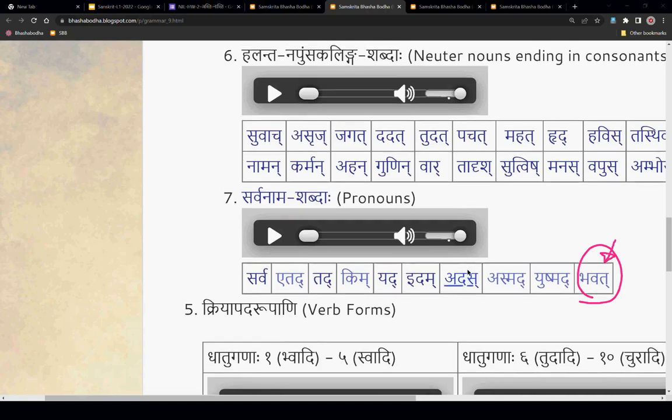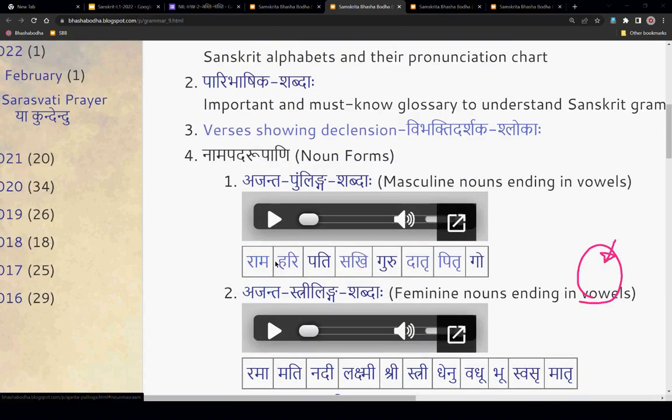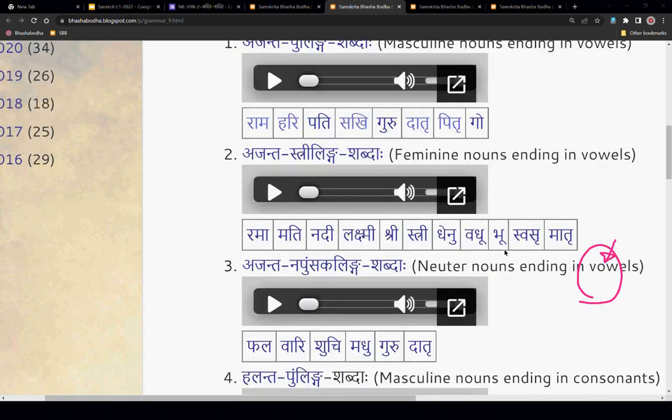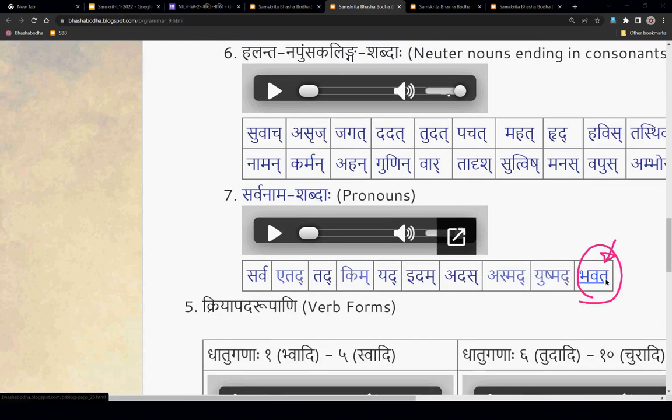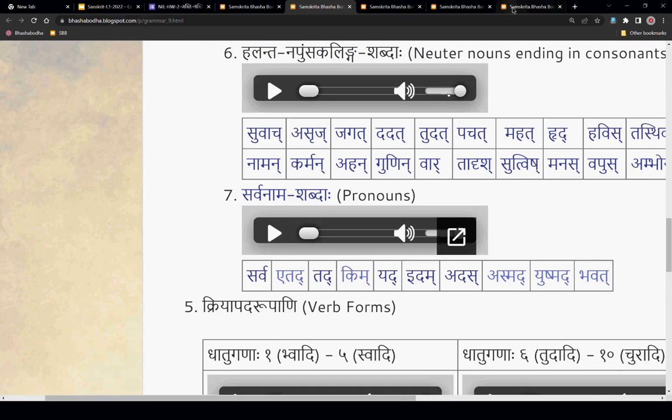Like previously we looked at Rama, Hari, Guru, Pitru. Are they ending in a consonant or a vowel? Vowel. All these are vowel ending. Now coming to Bhavat, the ending letter is a Vyanjanam. Bhavat is a Sarvanama Shabda.